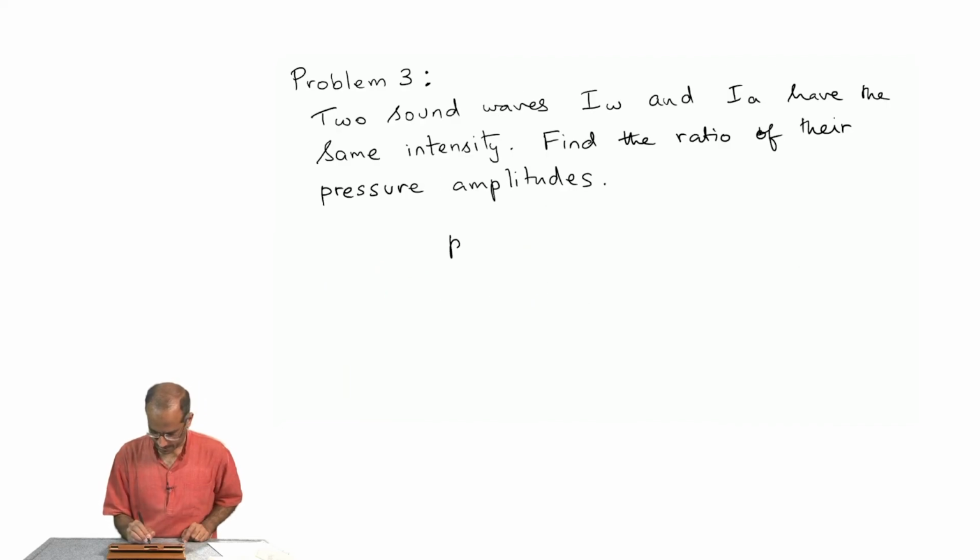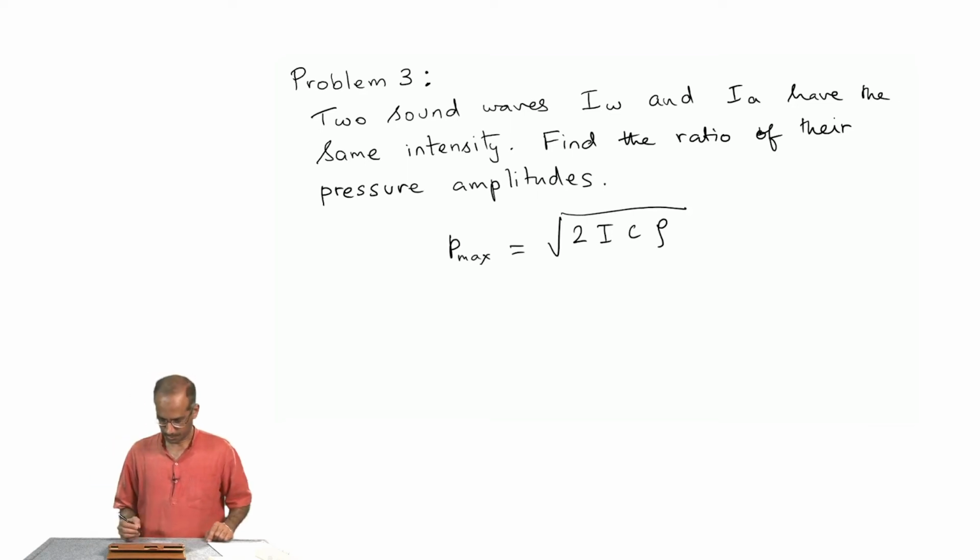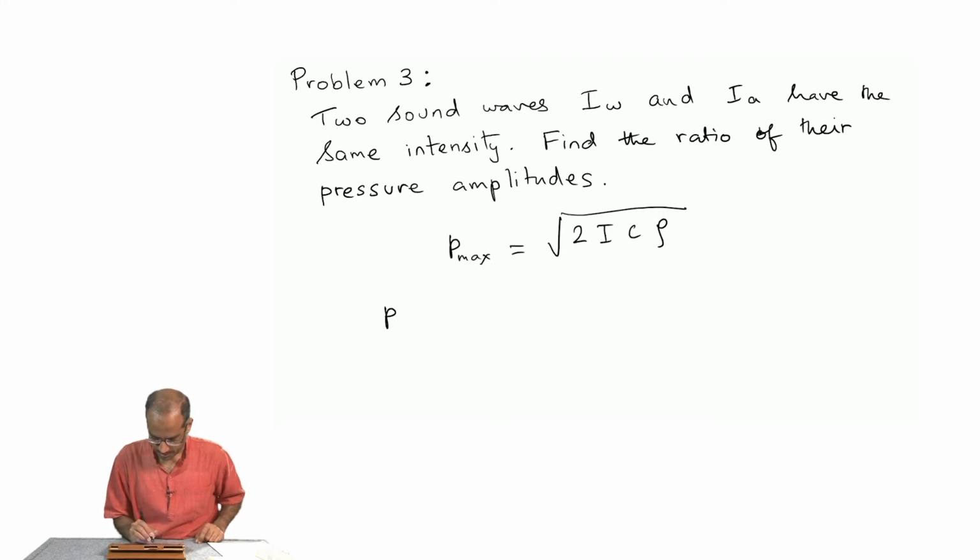So, P max is square root of 2 I c into rho. C is of course the speed of sound. So, now we have two media, water and air. So, we just need to consider both of them. So, let me say that P W, the W tells you that it is water, maybe I will put it in brackets.